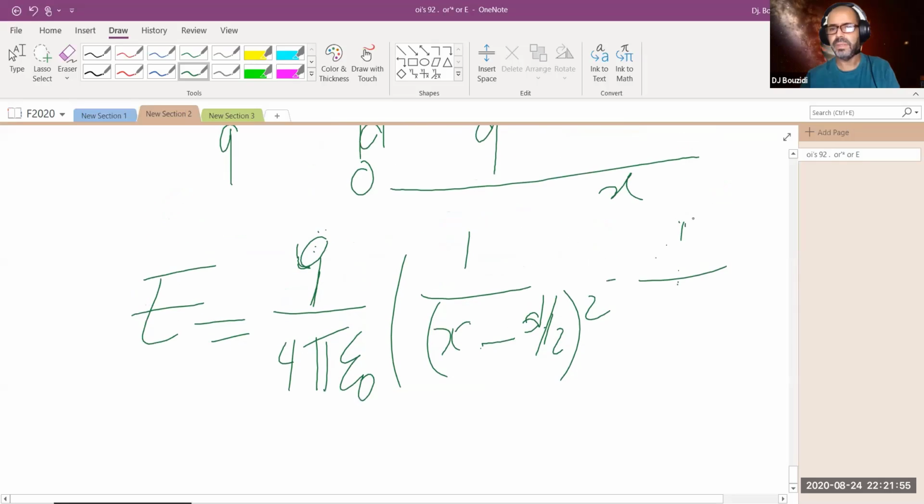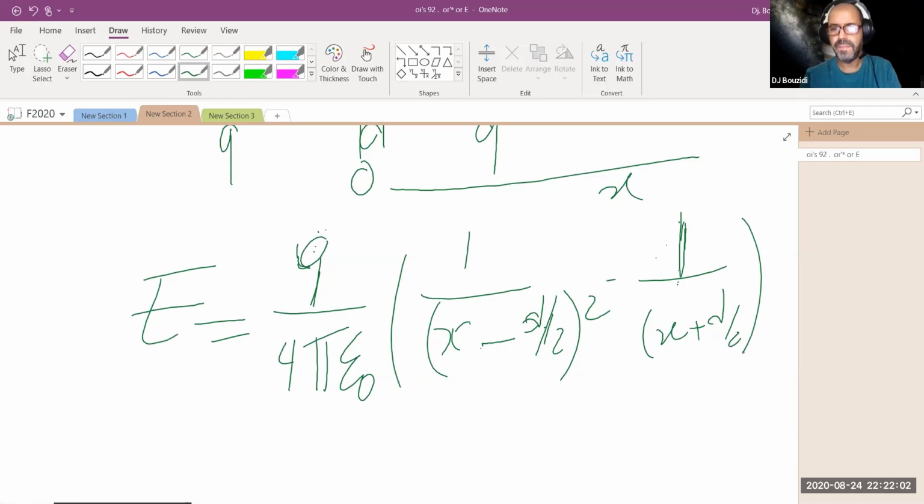And bring this thing. 1 also over x plus d over 2 squared. One of them is positive for the positive charge, and it's at the distance x minus d over 2, and the other one is negative because it's a negative charge, and it's x plus d over 2 squared.